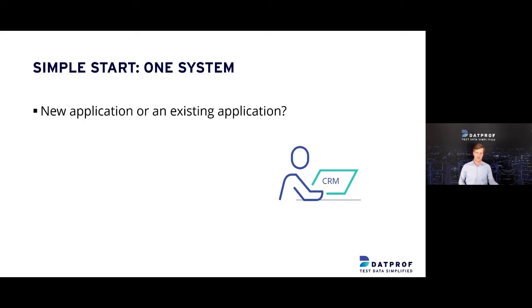If it's a new system, you can think about whether there is already production data available. Maybe there is a data migration already in place, or maybe not. If there's no production data available, then probably there's only one real solution that can help you out, and that's to generate your test data synthetically. You don't have any other data, so the only way out is to synthetically generate test data.